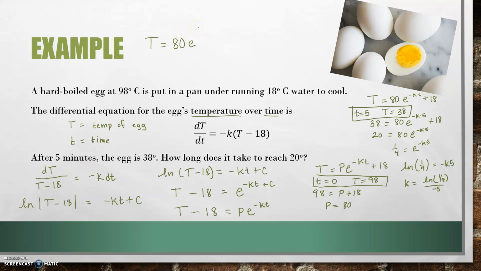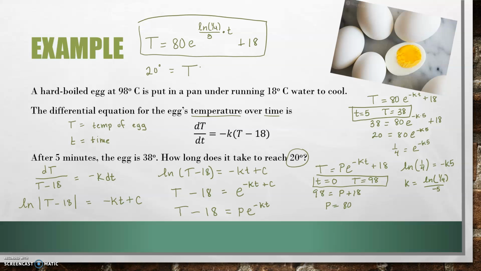It's going to be e to the natural log of 1/4 divided by 5 times t, plus 18. This is our equation, and we're going to try to figure out how long it takes to reach 20 degrees, so we're going to set that equal to 20.